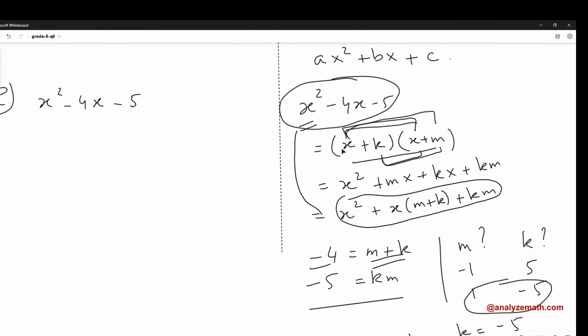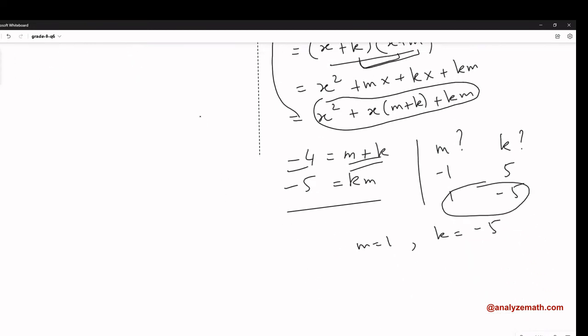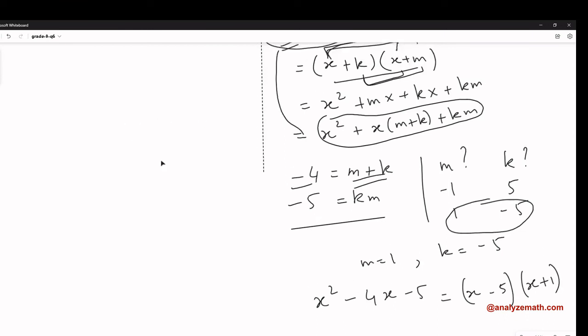Now I go to my factoring here. So x² − 4x − 5 is equal to (x + k), that is (x − 5), and then (x + m), that gives me (x + 1) here.